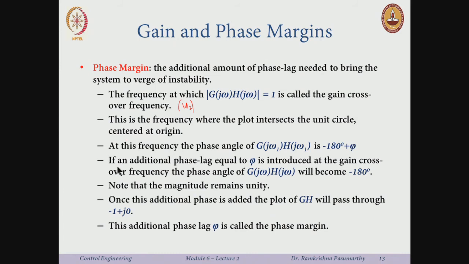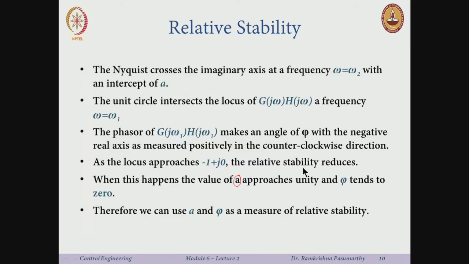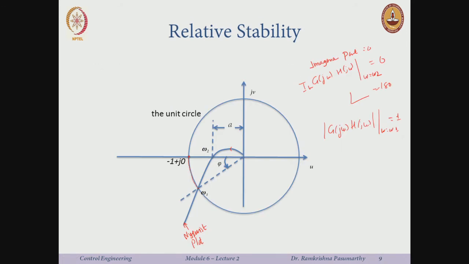Now, if an additional phase lag of phi is introduced in the system, if I just push it a little up with an angle phi, the phase becomes -180.